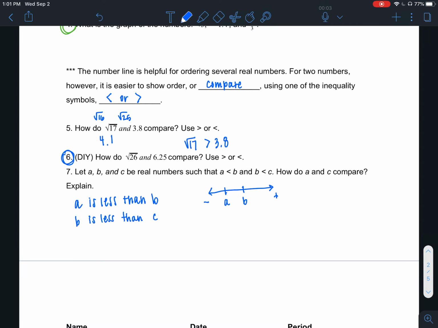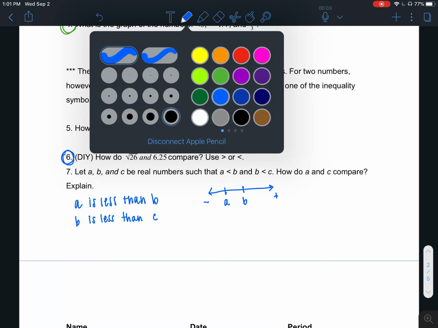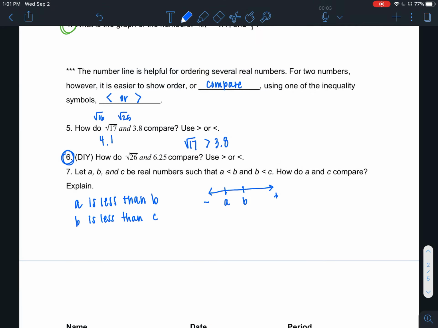So I need to make this smaller again. So C goes right here on the number line. Then it asks, how do A and C compare? Now, it might seem obvious, but it's always good to draw a picture when you're confused or visual. A is going to be less than C. So that is how you would write your final answer.